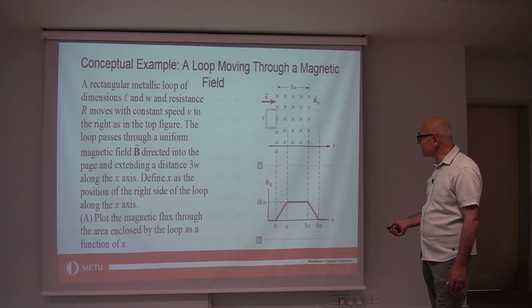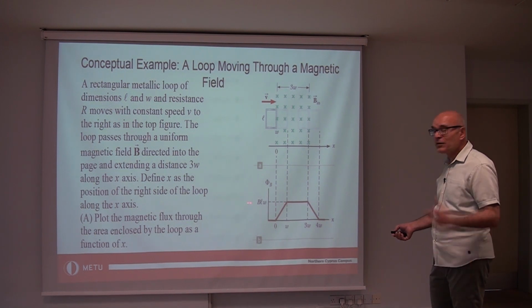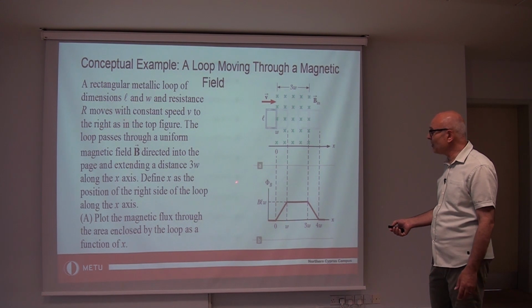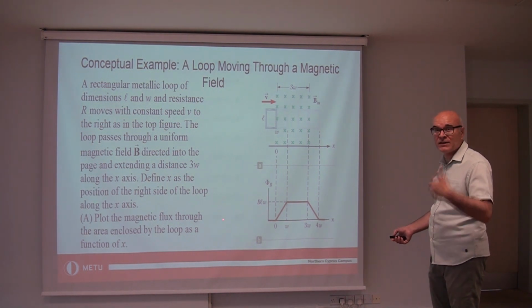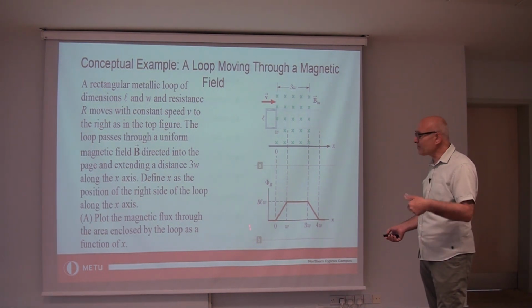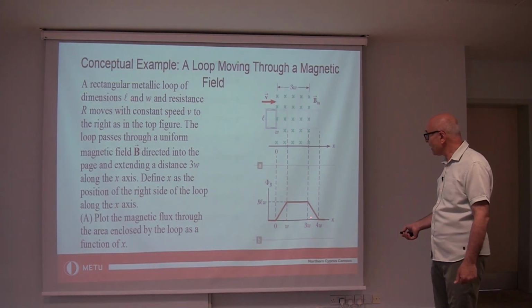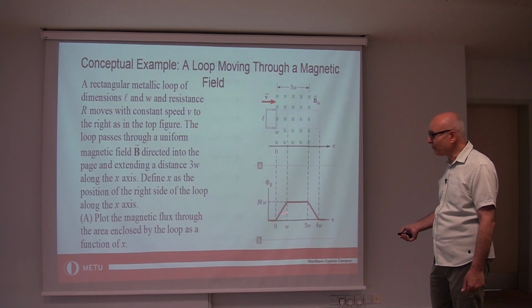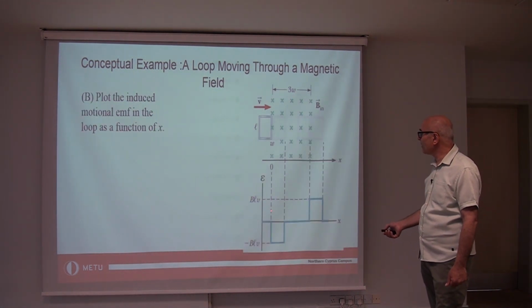Now, because the flux here is increasing, and due to the minus sign in Faraday's law, if we want to keep that minus sign, then E will be minus d phi by dt. So phi is increasing here, so d phi by dt is positive. I expect the electromotive force to be negative in this region and positive in this region. And this is what we are having in this case.